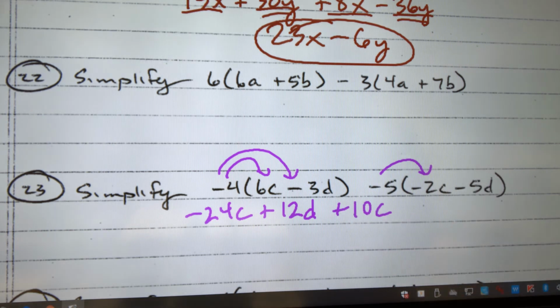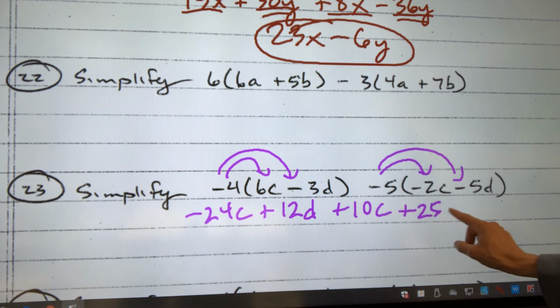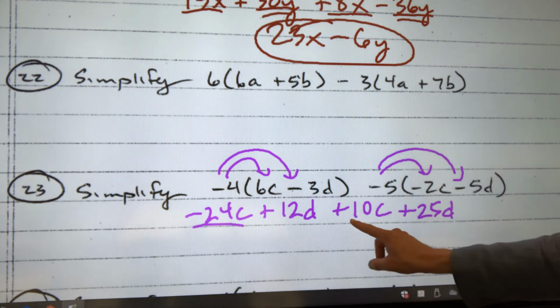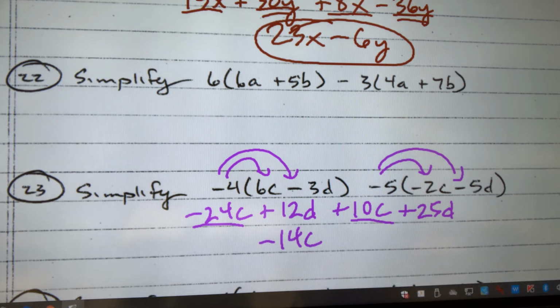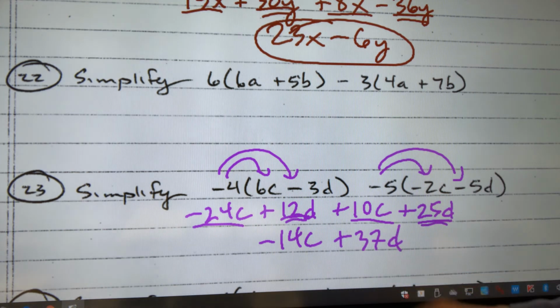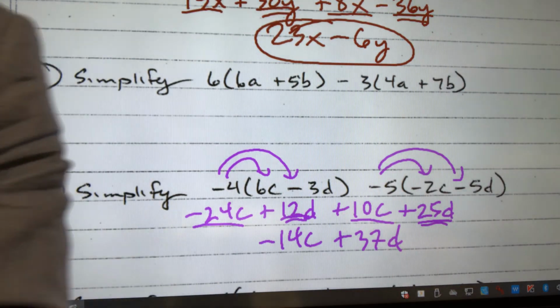I don't think you want 10c's either. A negative times a negative is a positive. Definitely you don't want 25d's. Negative 24 plus 10 is a negative 14 for the c's. 12 plus 25 is 37 for d. And I think that is going to be pretty good.